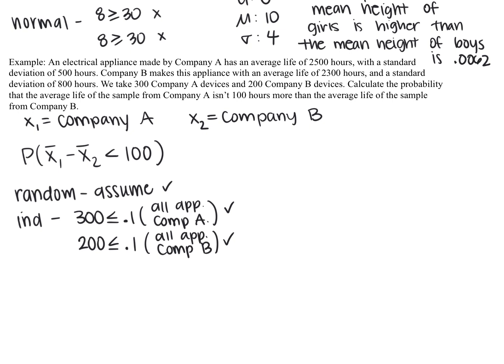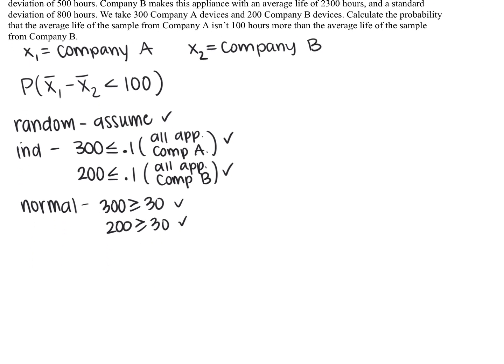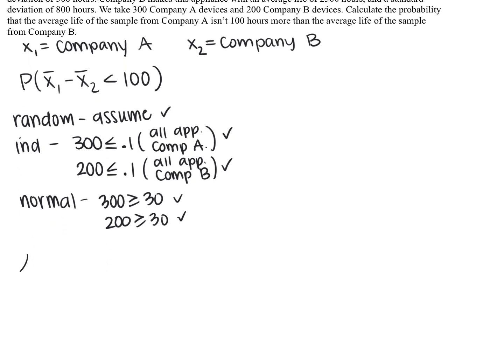If I had been looking at like 400 and 200, I would probably take this with a little bit of a grain of salt. And then lastly, for normal, we don't know that the populations are normal, so I do have to check that both sample sizes are greater than or equal to 30. And 200 and 300 are greater than or equal to 30, so we're good there. So now I'm going to calculate the mean for the difference in my sampling distribution.